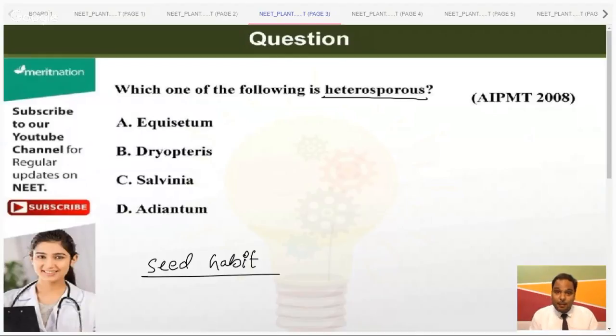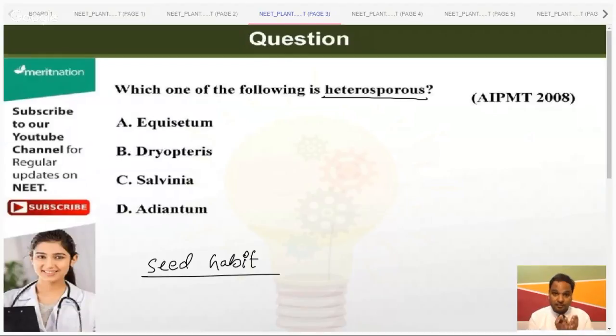The same habit will go on and reach till angiosperms. Your microsporophyll will form your male gamete, and your megasporophyll will form your female gamete. And thus, because of the combination of these two gametes, you form a seed. Microspore or megaspore, right, all of you?